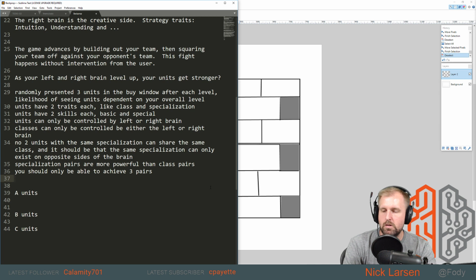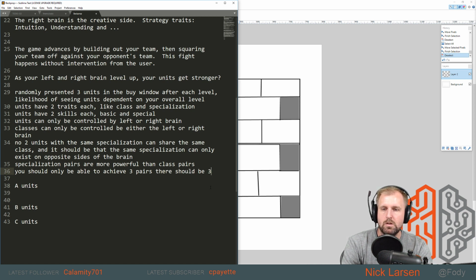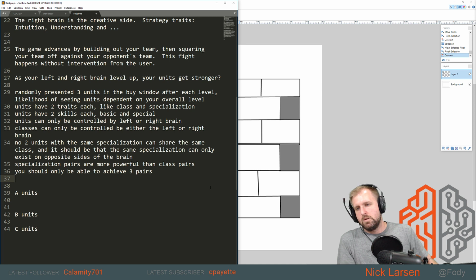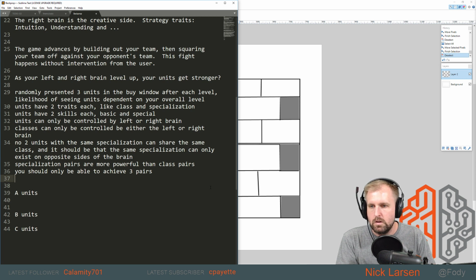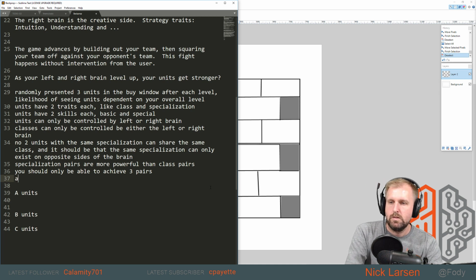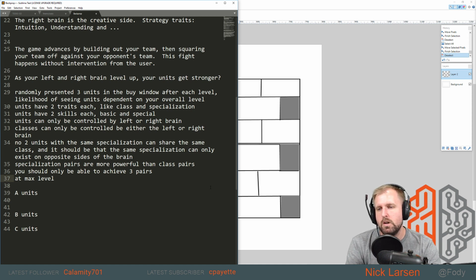Units. There should be, at max level, you should be able to achieve three pairs.